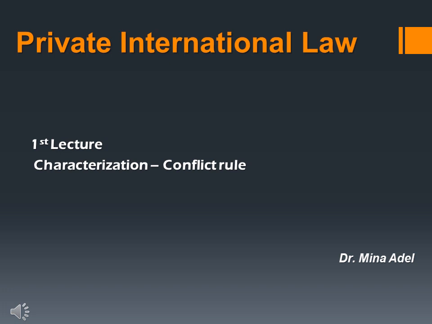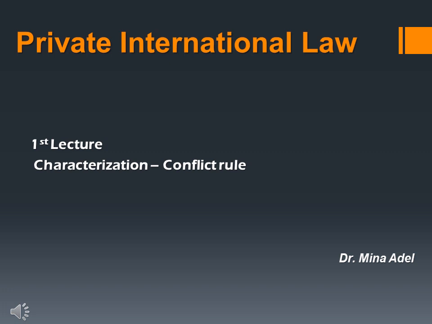Okay, so we have two kinds on the international or regional scale. On the European scale we have united conflict rules. So we have one conflict rule which will be applied by all European courts. So in this case we will not need to make a forum shopping because the solution will be the same.